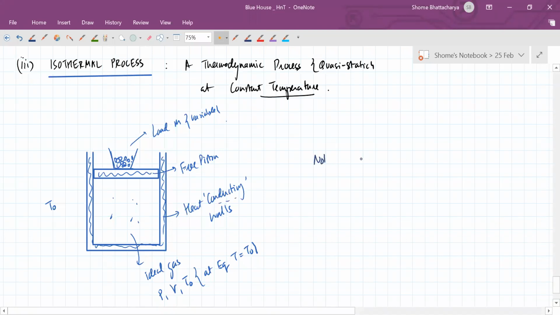So if the load is increased slowly, the gas will compress, maintaining its temperature.